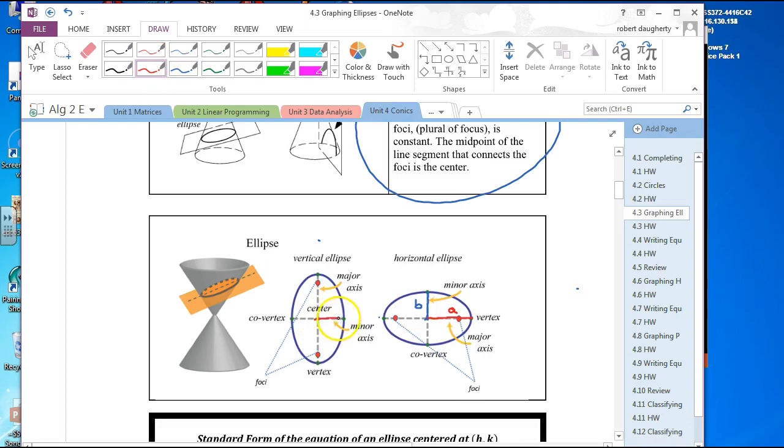From here to, in this case, a covertex, that is A. And from this vertex down here, that is B. So wherever you are, if you're at the center, to get to whatever vertex, either a vertex or covertex, horizontally, that distance is A. Vertically, the distance is B.